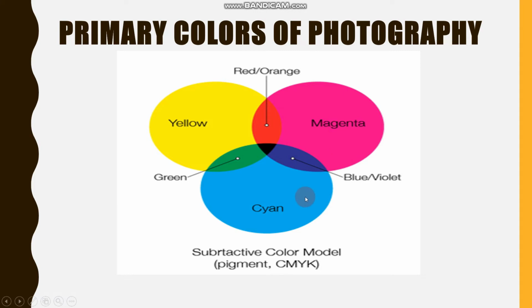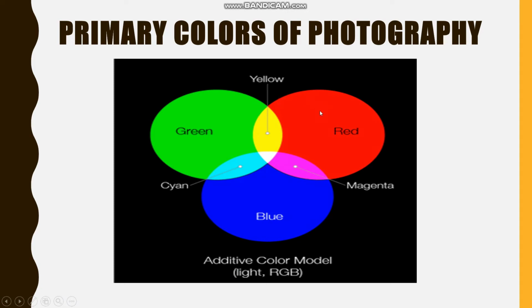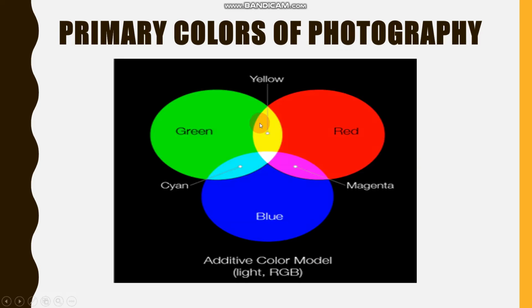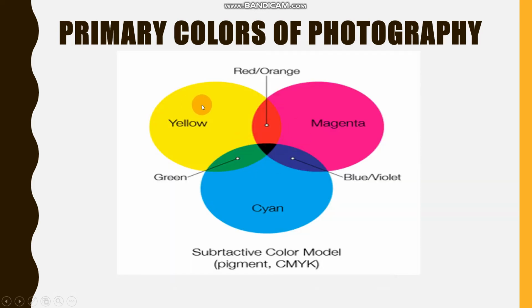That is why ito yung kanyang kulay. As compared to dito, the presence of all visible color or light, which is the green, red, and blue, while dito, the absence of all color, kaya naman siya is black. The presence of all color is white, the absence is black.